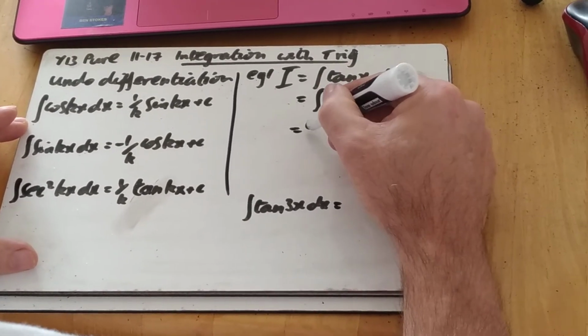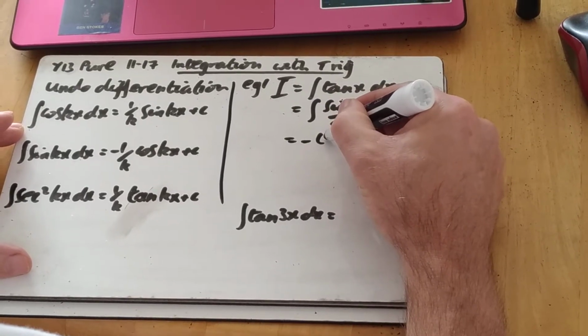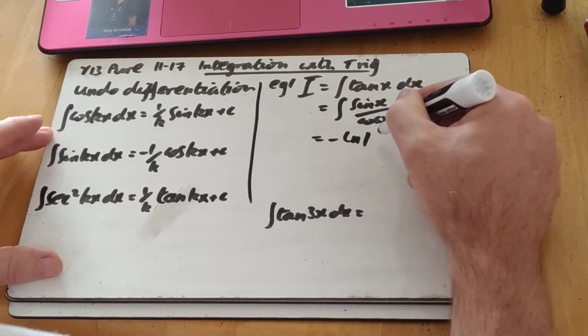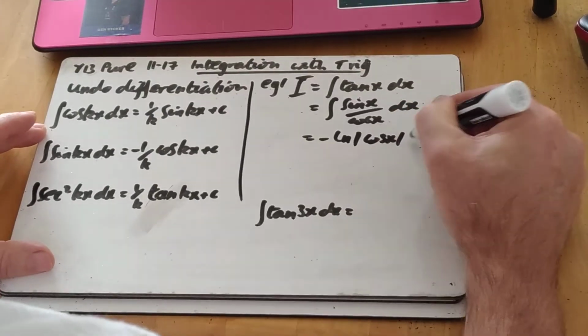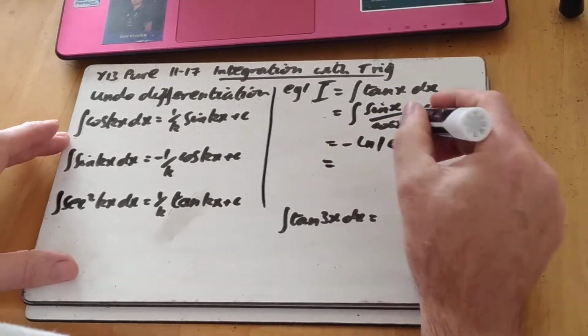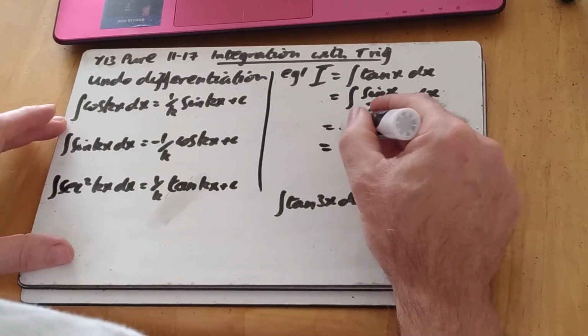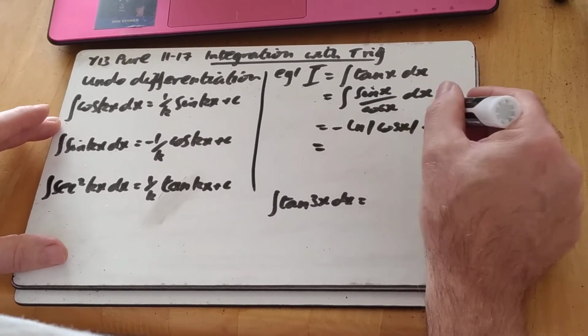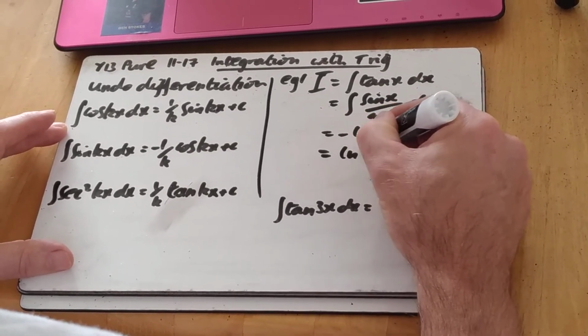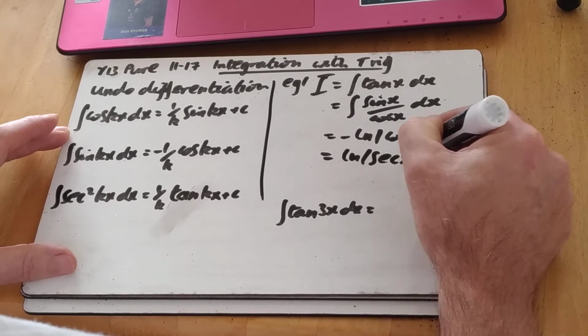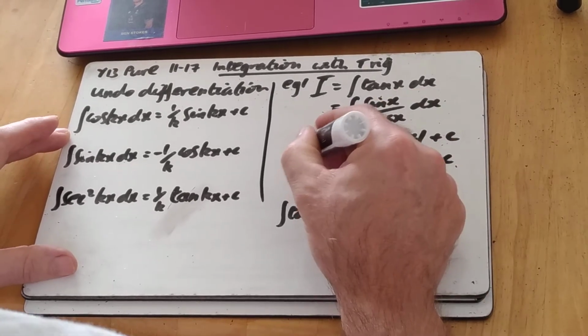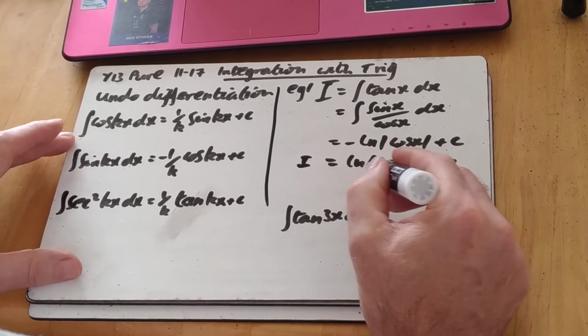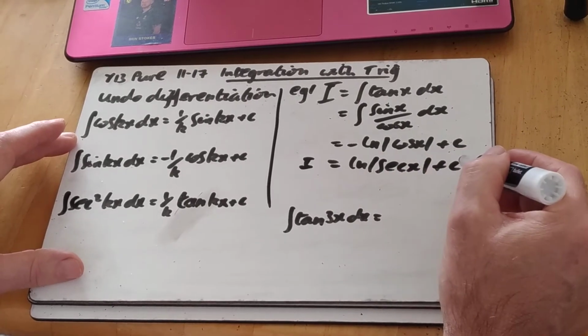Because I've got that extra minus, the integral of this will be minus ln mod cos x plus c. That's often written, using the minus as a power, cos x to the power minus 1, as ln mod sec x plus c. So the integral of tan x is ln mod sec x plus c.